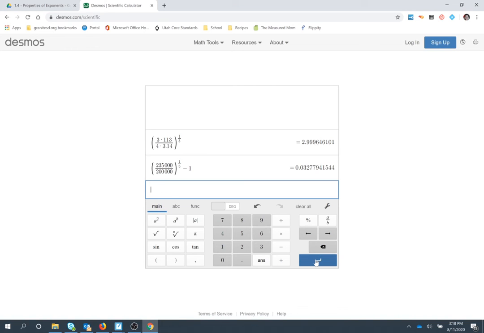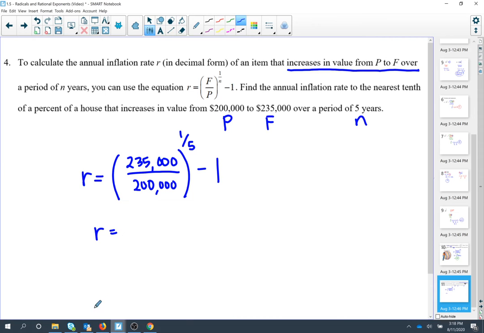Equals 0.03278. I did round this guy, but we've got all these, and this is in decimal form.